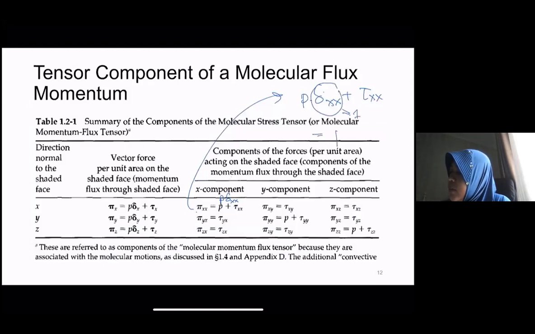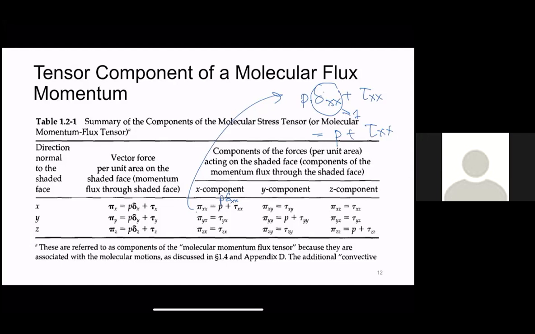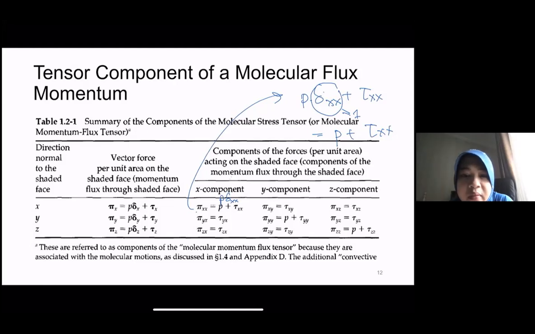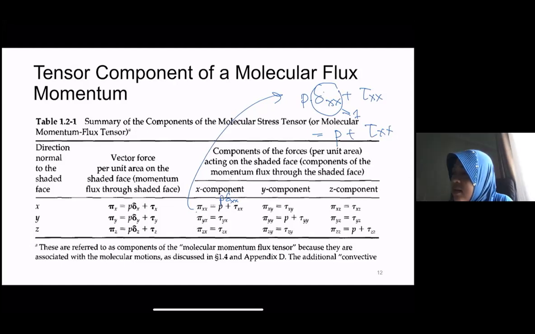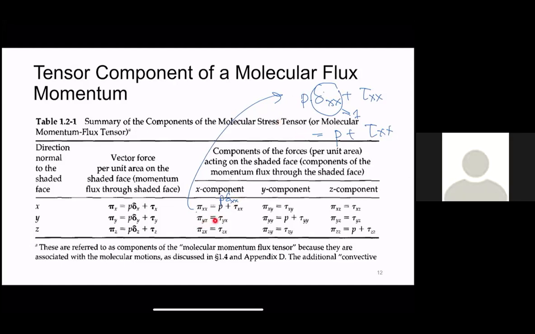So that's equal to p plus tau xx. Ma'am, but why is the pressure minus? Where is the pressure negative? No, it's not negative. Oh, sorry, ma'am. Yeah, it's positive.